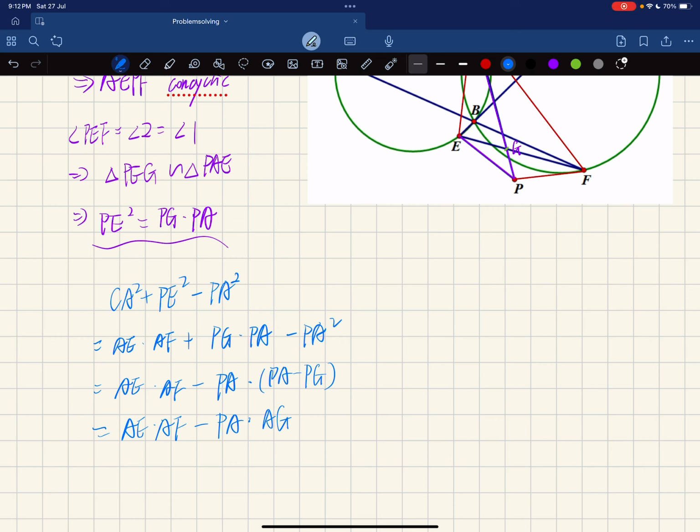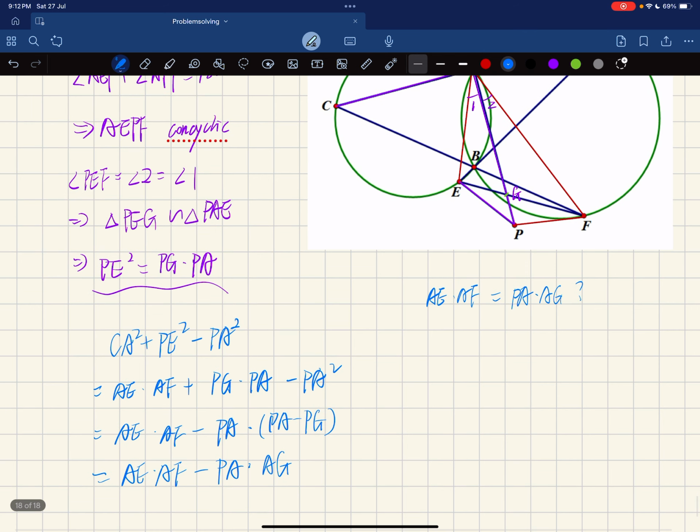So how can we prove that AE times AF equals to PA times AG? How can we prove that? Oh, if we get the ratios of the sides, maybe it's like AE over AG.